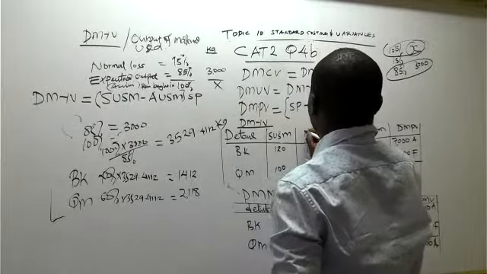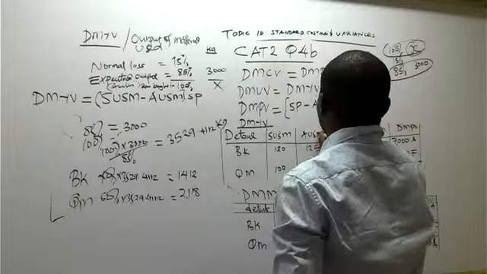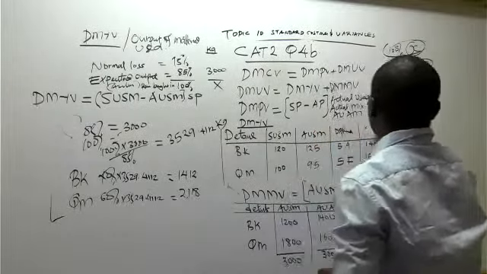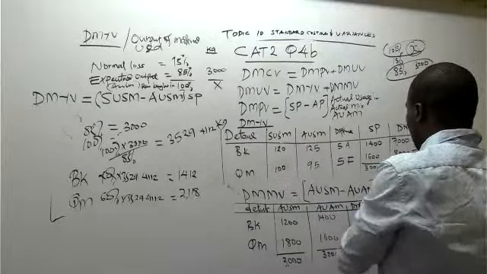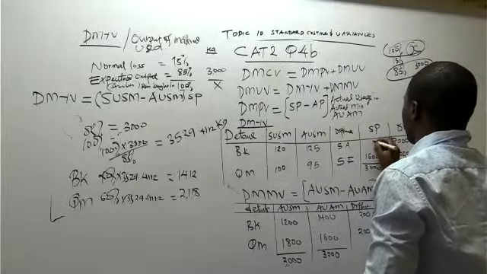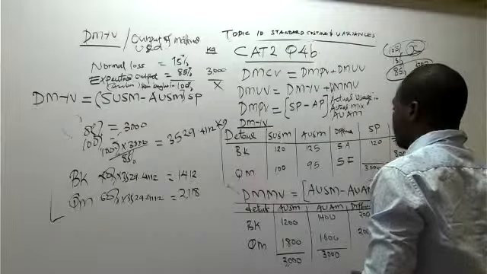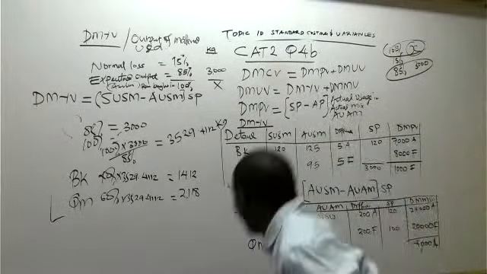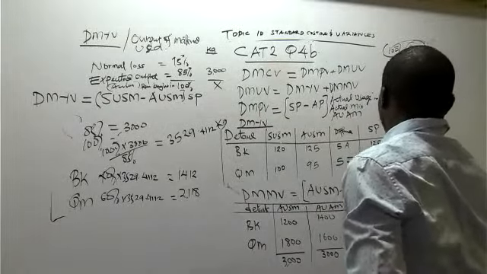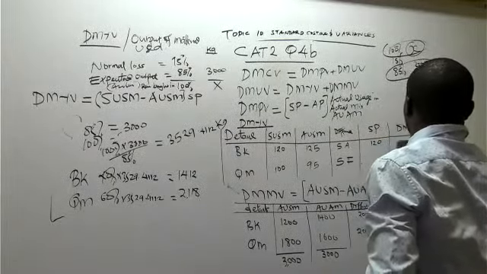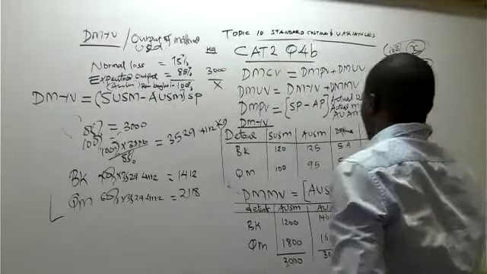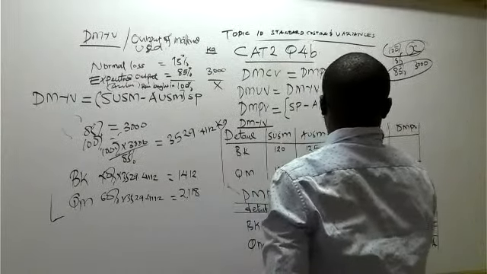I take this one to be my actual usage in actual mix. I get the difference, then I get the standard price. Standard price does not change. It is just 120. So that is what we are going to have there.